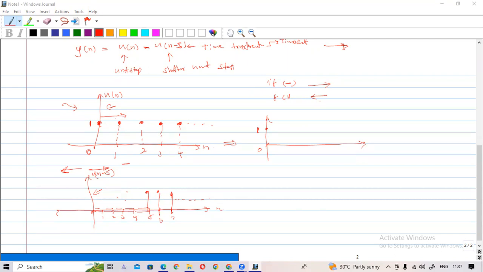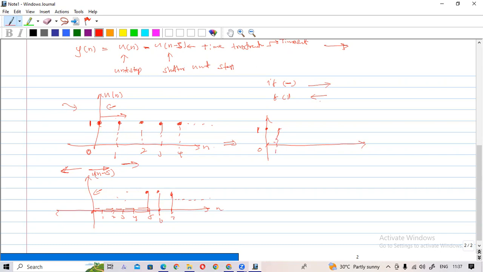And again, this one. Yeah, this is minus 5, you know. Minus 5 means you have to shift the signal in this direction, okay? Correct? Okay. So here, this is 1 minus again 0, so it will also be 1.